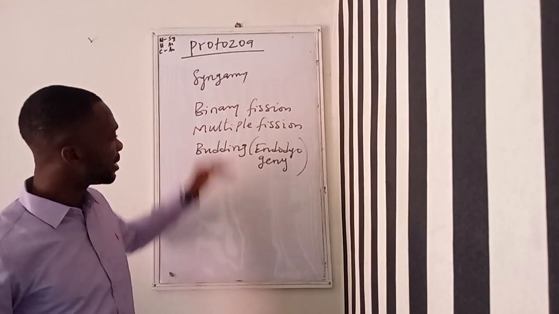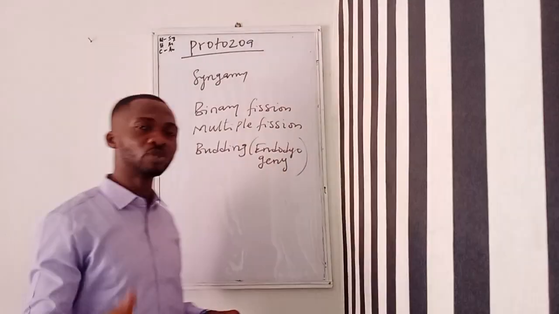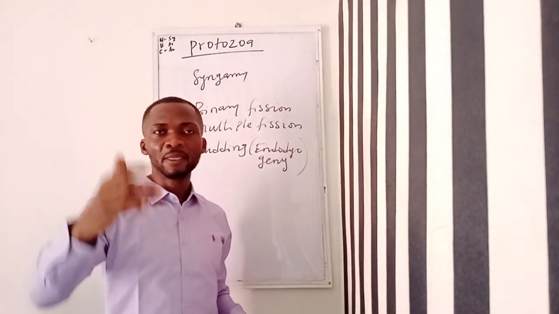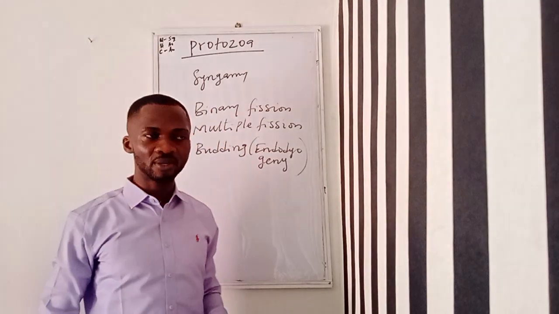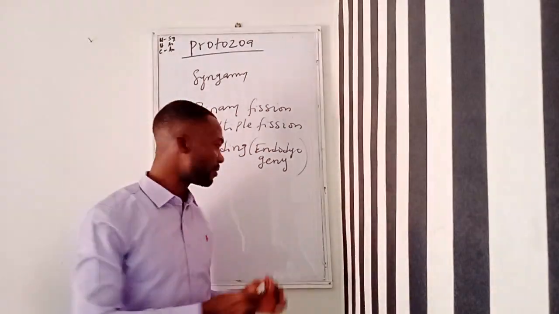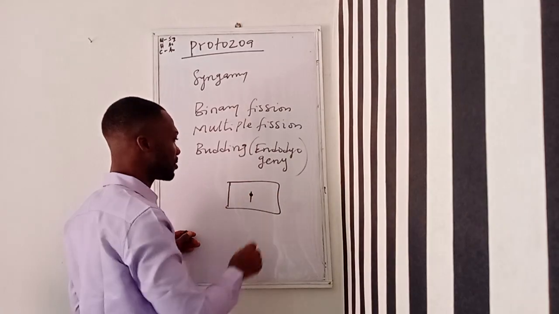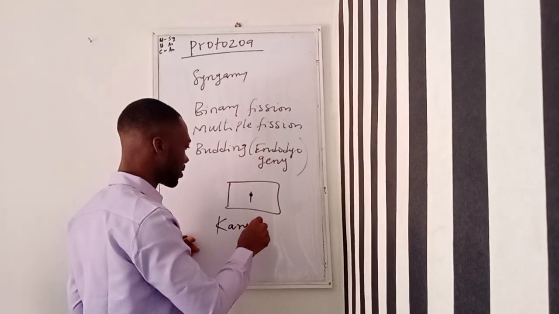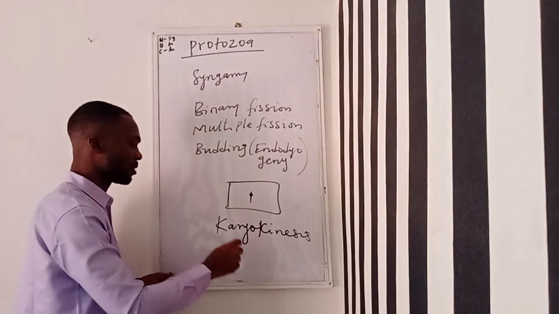Then we have binary fission, which I've explained before when we talked about reproduction in protozoa, where the parent organism divides into two daughter cells. First of all, the nucleus divides, and division of the nucleus is called karyokinesis.